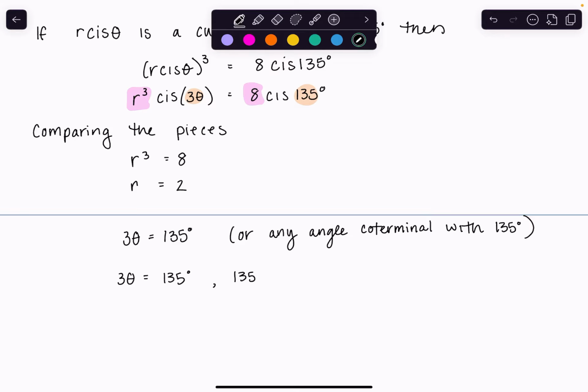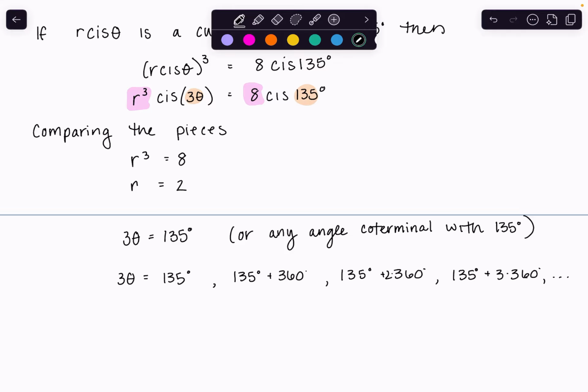Or it could equal 135 plus one revolution around the unit circle, because that still lands me in the same spot as 135. Or 2 revolutions, or 3 revolutions. Or really as many as you want to from there.